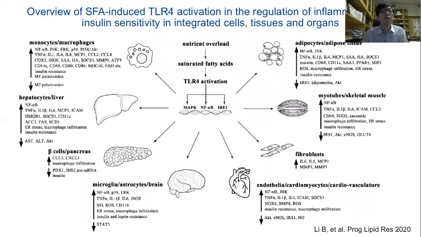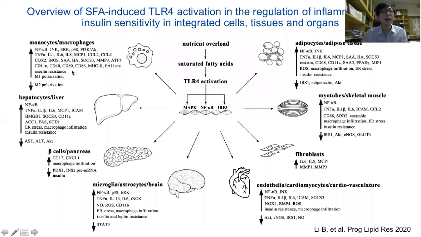TLR4 is robustly expressed in monocytes and also macrophages. Upon SFA stimulation, this would facilitate the pro-inflammatory M1 phenotype in these cells via exaggeration of the production of related cytokines and chemokines, as shown here.